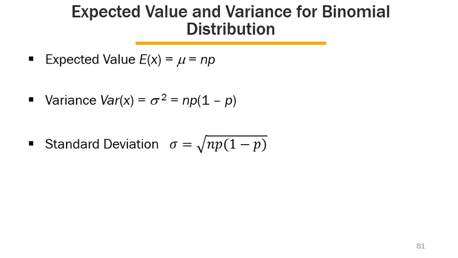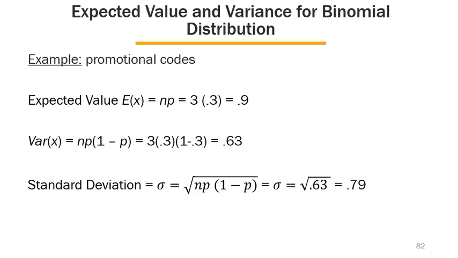When we're looking at getting the variance, what gets added on is you've got this expected value here, n times p, and then simply multiply it by the probability of failure, 1 minus p. And the standard deviation, of course, is just taking the square root of that, as you see here. So there are the basic formulas for getting the expected value and the standard deviation when we're looking at the binomial distribution.